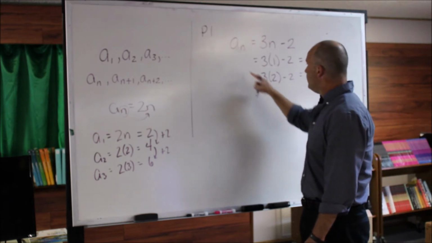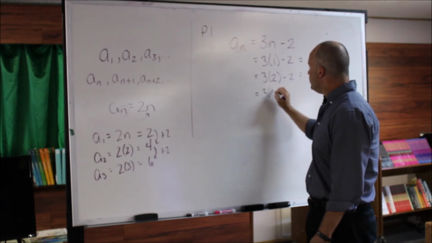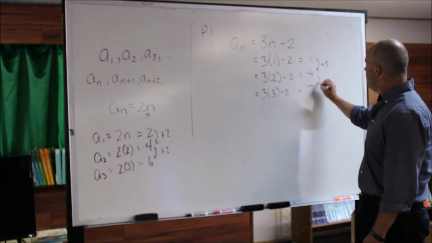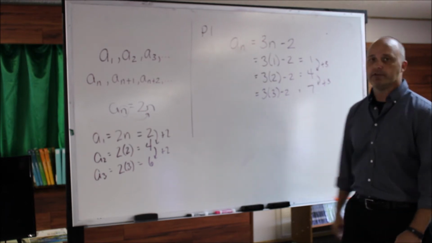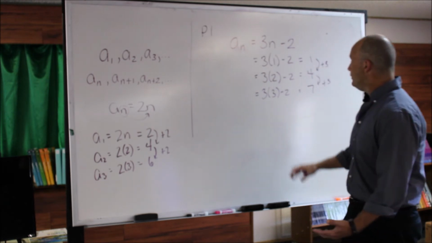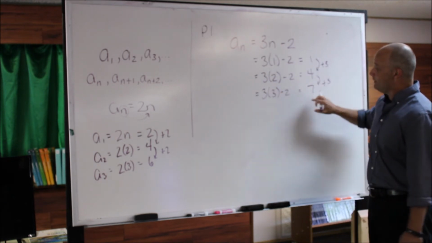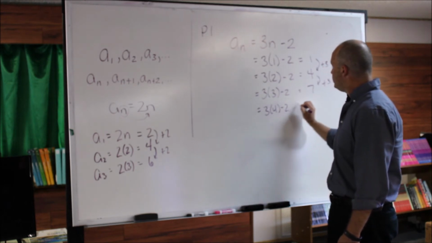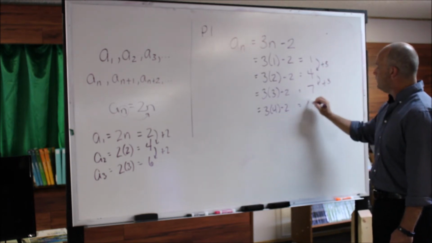Then if we go a sub 3, 3 times 3 minus 2 gives us 9 minus 2, which is 7. You can now see that every time we're adding 3. So if we do a sub 4, the next thing we should get is 10. So 3 times 4 minus 2, 12 minus 2, gives us 10.